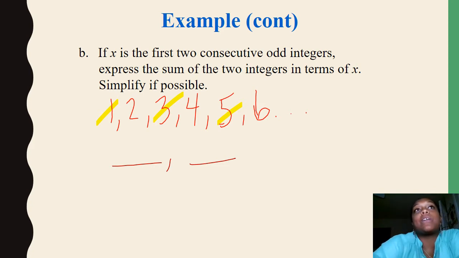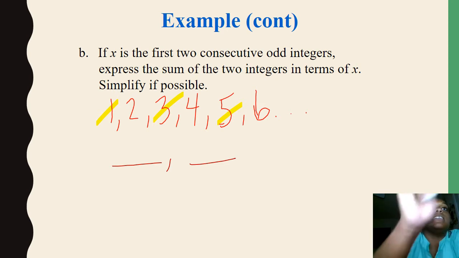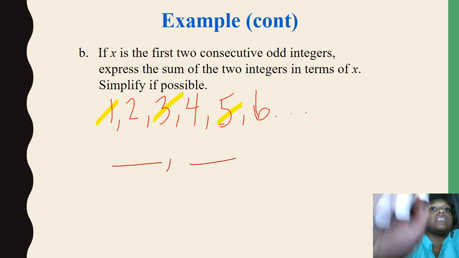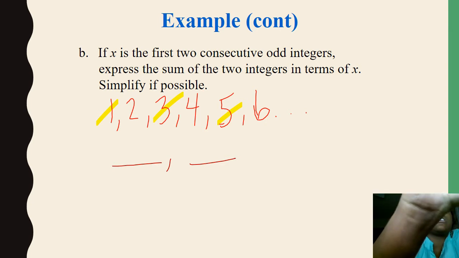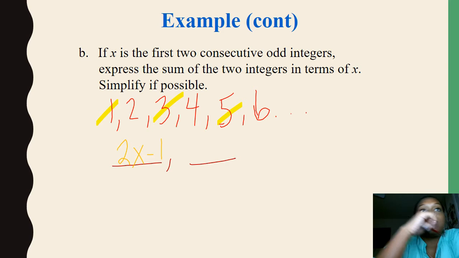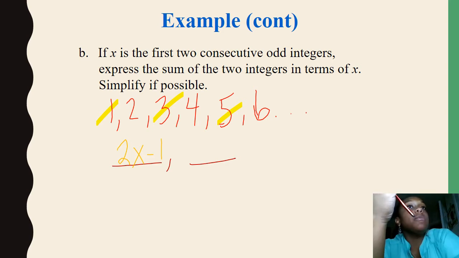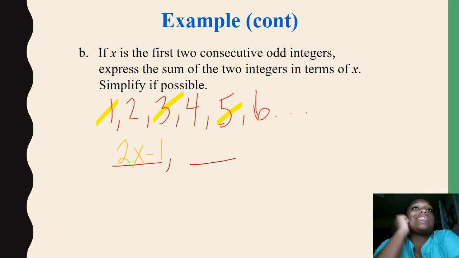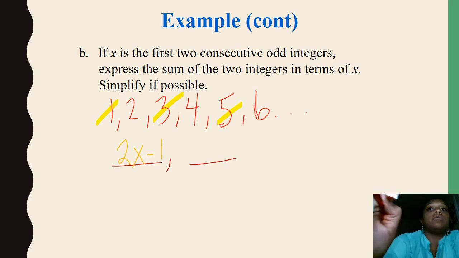So when I think about that, if I wanted to somehow make 1 using the number 2, it would have to come from, let's say, 2x minus 1. So this is saying that any number that I plug in is going to produce an odd number. So let's test it out.